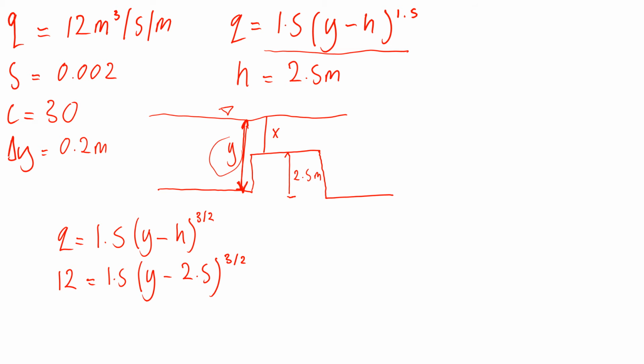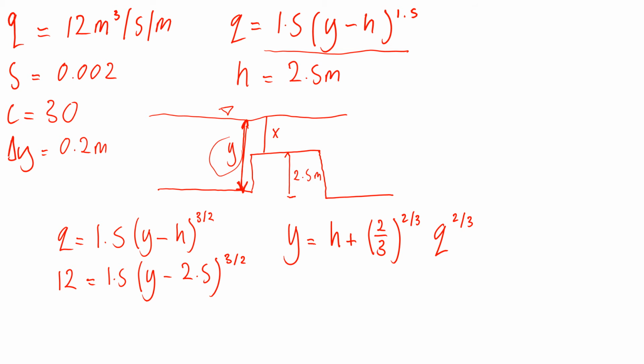If you rearrange this equation, you get y equals h plus (2 over 3) to the power 2 over 3 times small q to the power 2 over 3.